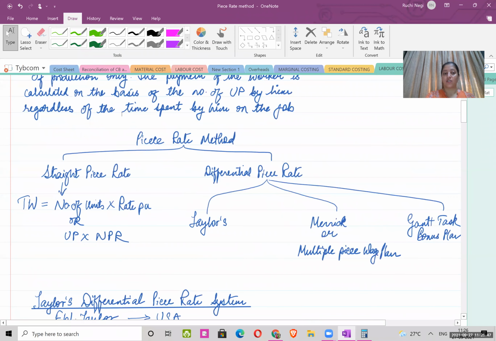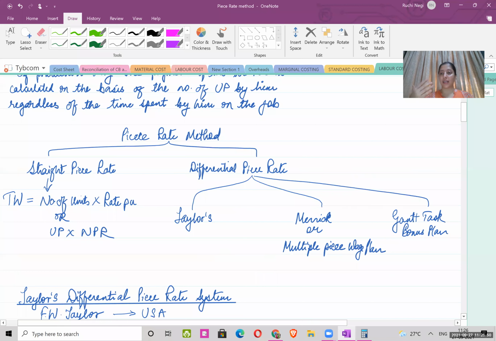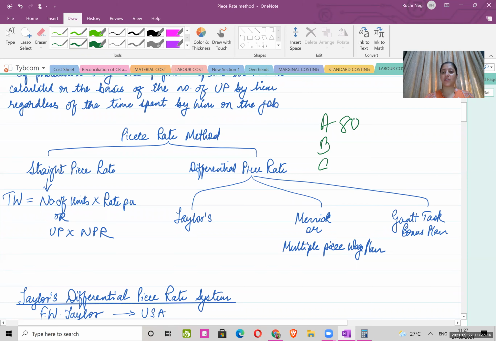Now straight piece rate, when I say straight piece rate, it means to all the employees I am paying one flat rate, irrespective of whether he has worked above standards, at standards or below standards. Suppose I have laborers A, B, C, three laborers. This one made 80 units, this one made 100 units, this one made 70 units, and say I am paying them for every piece 5 rupees.